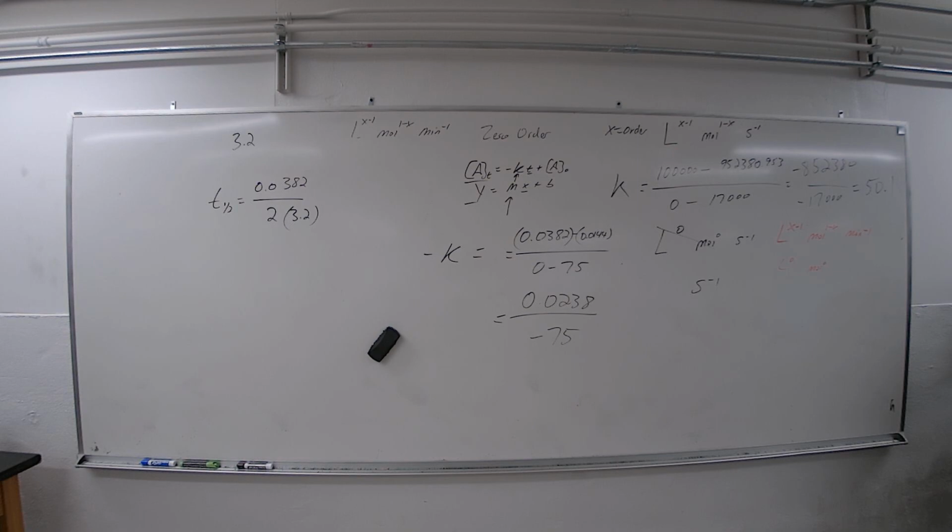Divided by 3.2. Well, zero order, right?